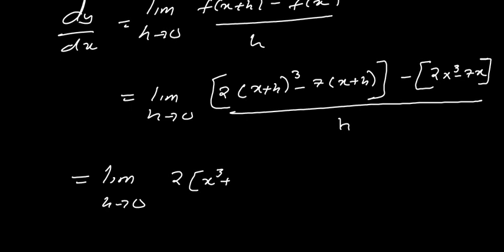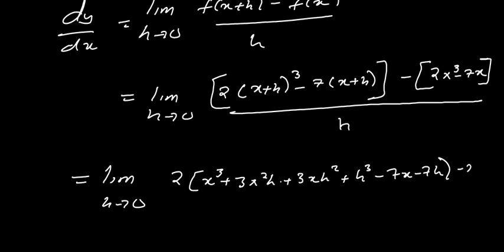This is supposed to give you something like x cubed plus 3x squared h, then plus 3x h squared, then plus h to the power 3. This is going to give us a negative 7x minus 7h. Then we're having minus 2x cubed plus a 7x.